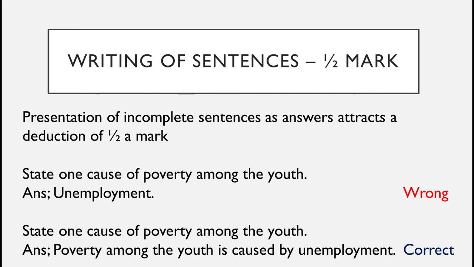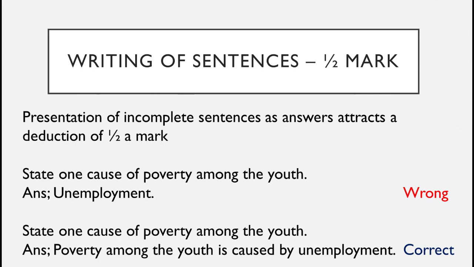It begins with a capital letter and ends with a full stop. So that if you are asked what the causes of poverty among the youth today are, you don't just go and write "unemployment" with a full stop. Half a mark will be deducted, and not only that, wrong spellings will be checked as well, and cumulatively, if you don't follow the rules, your overall score will reduce drastically.